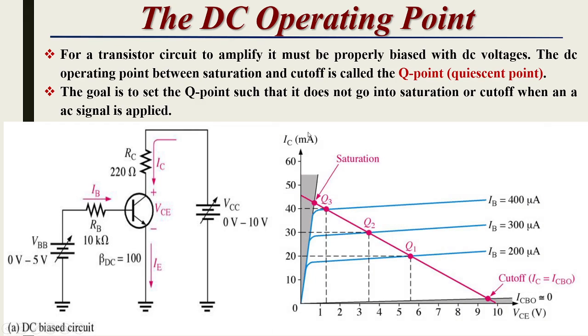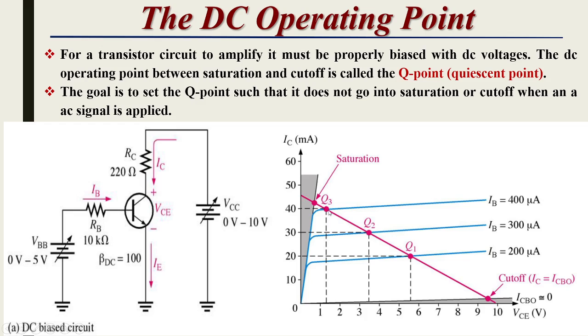This is the output characteristics of the amplifier, and here we know the three regions. This shaded portion is called the saturation region. The second shaded portion, where the input current IB is 0, is called the cutoff region, and the region between these two is called the active region. When we use this transistor as an amplifier, we have to operate it in the active region.